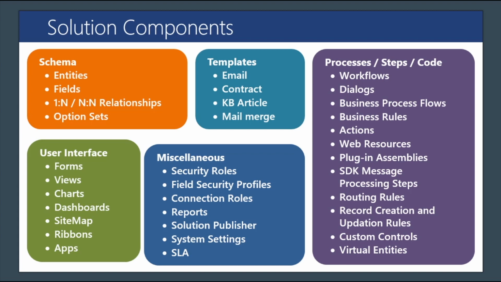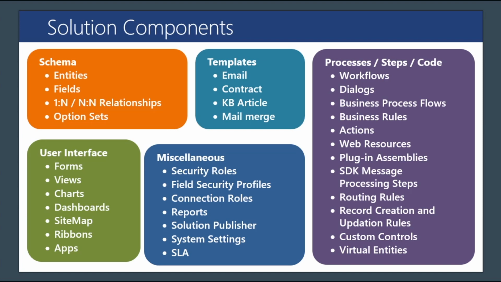And then whether you have custom processes or custom code, things like assemblies that relate to creating plugins or workflows or dialogues or business process flows. Any number of these things that you see here on the right side.